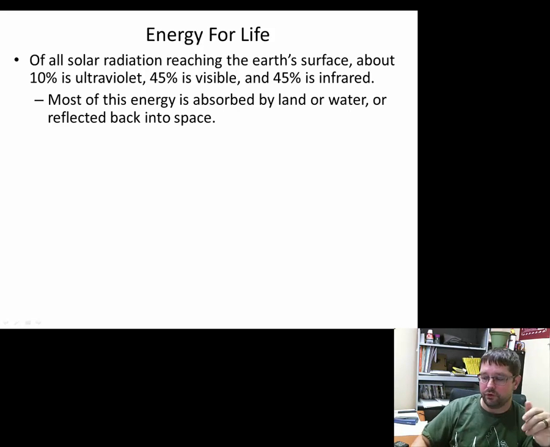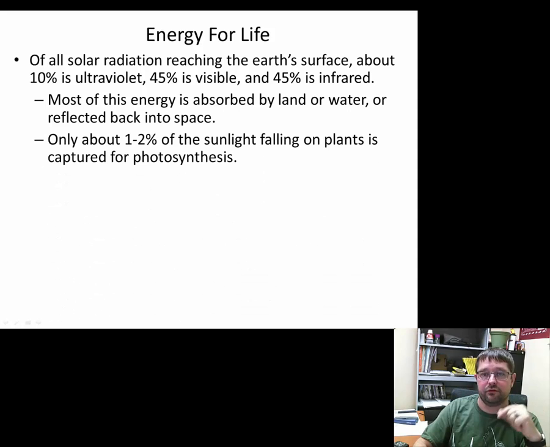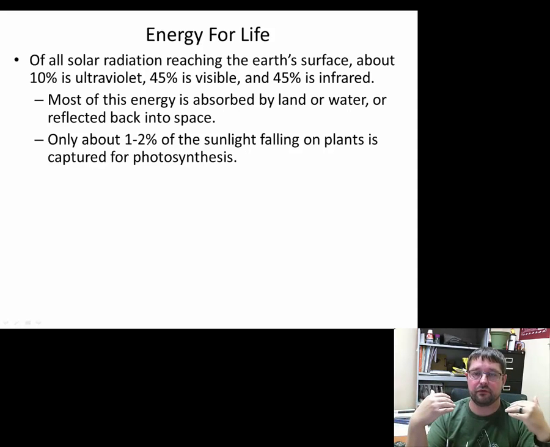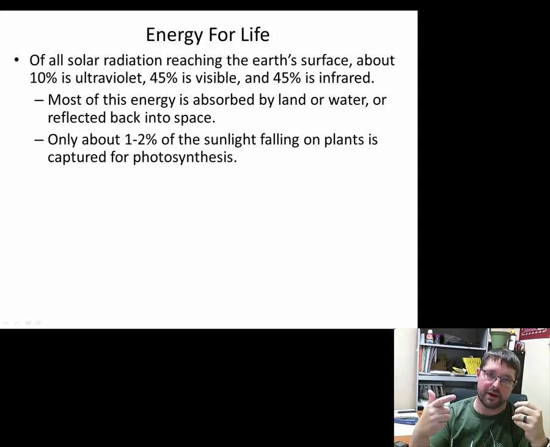We know that most of the energy is absorbed by the land or the water or reflected back into space, but very little, about 2%, is used by photosynthesis. So to think about that, you're talking about 98% of all the energy that comes to the planet is either absorbed by land or water or reflected back.